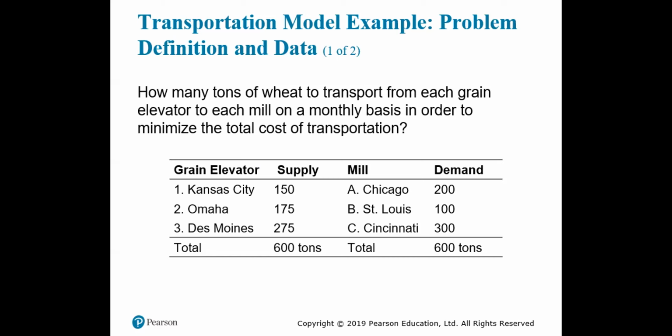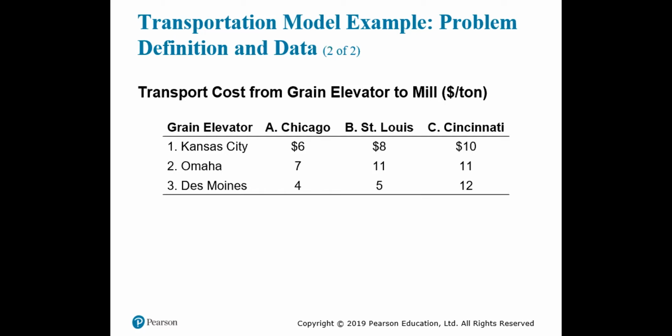The solution could be to send everything from Kansas to Chicago, but it will not meet the demand, because it's just 200, and this is 150. It can also be to send everything from here to there, but we don't know the solution until we work it out. So it can be from any of the sources to any of the destinations.